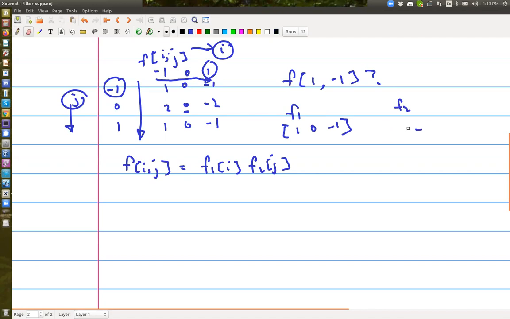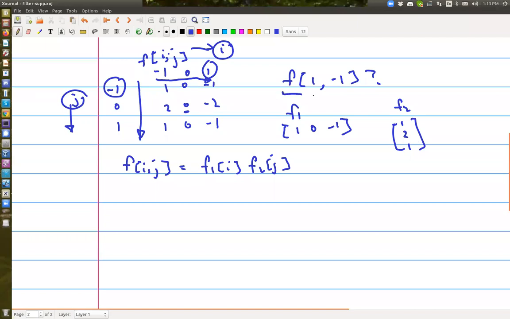Maybe I write it vertically so you can see more easily. Do you agree with that? You can basically easily verify that.